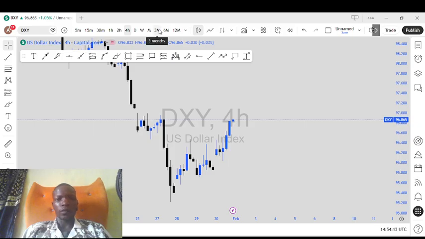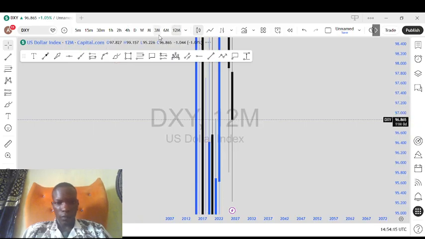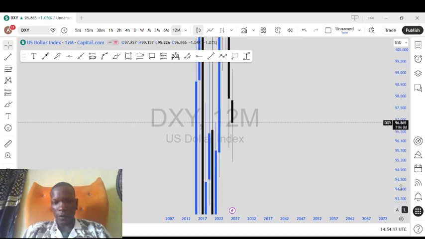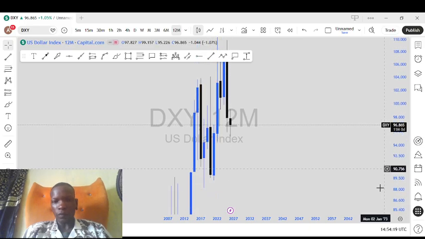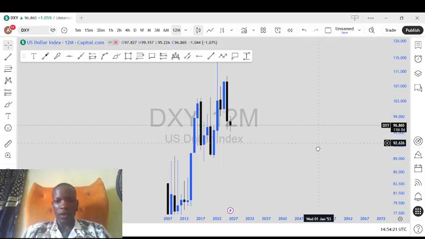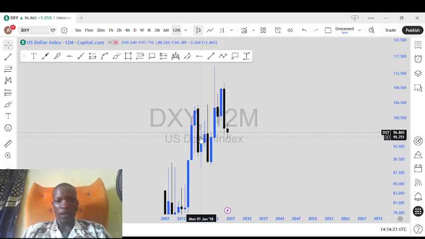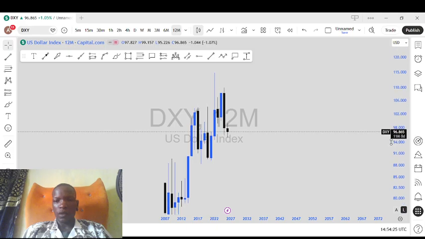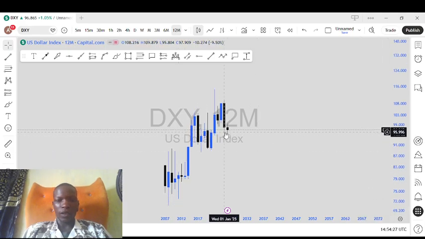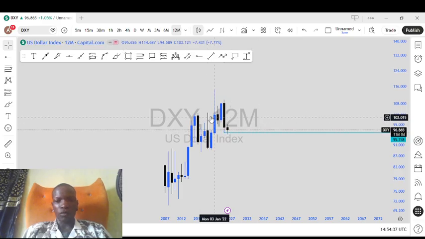Now let's start from the yearly candle. On this yearly, we can see that the market is giving us some rejection, accepting this liquidity, giving us some rejection that the market wants to go up.